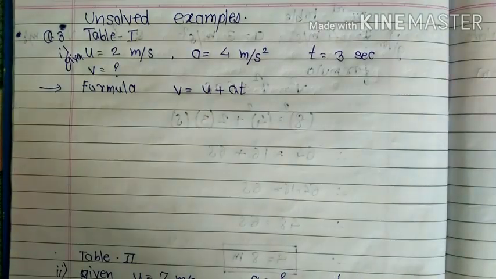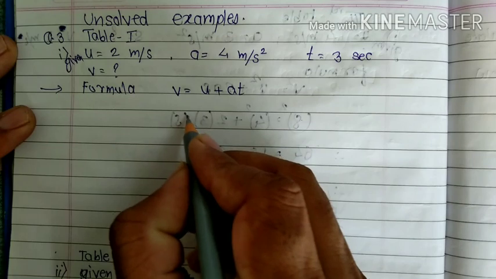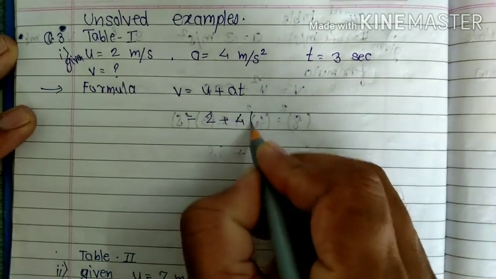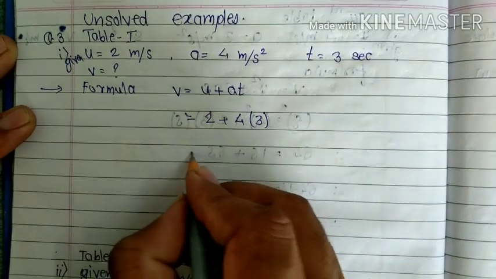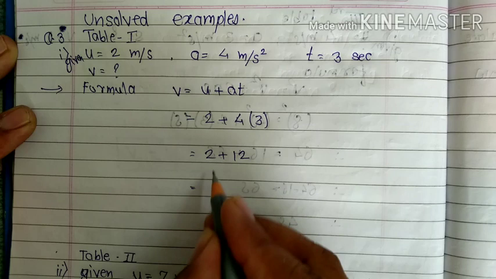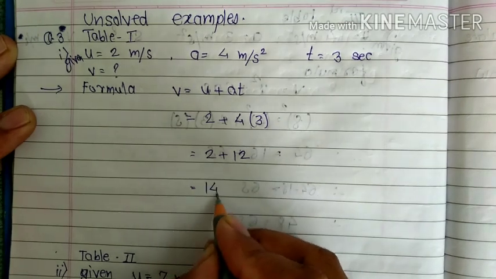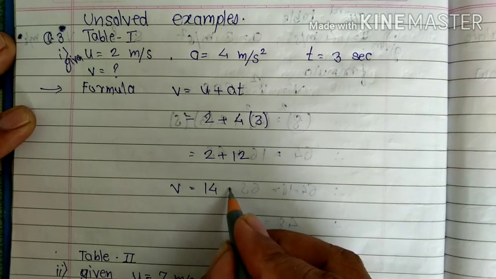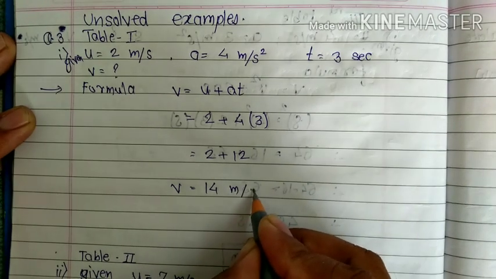This is the first equation of motion. Let us substitute the values. u is equal to 2, a is equal to 4, t is equal to 3. It gives 2 plus 4 times 3, 3 fours are 12. So v is equal to 2 plus 12, which is 14. V means final velocity, and the unit of velocity is meter per second.